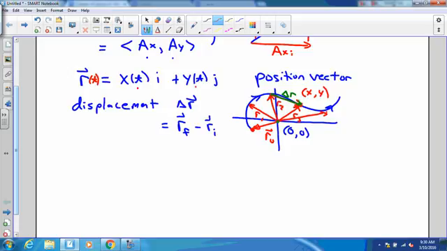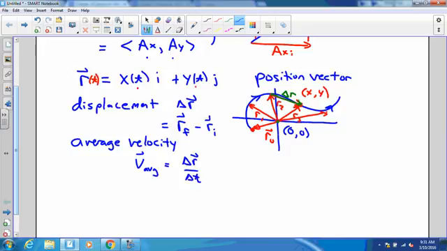If I want to leverage that displacement to give me a measure of average velocity, then my average velocity is going to be a vector that is delta r divided by delta t. I want you to notice very carefully what's happening here. We're taking a displacement vector and we are dividing it by a scalar value, delta t, the amount of time that it takes to get from initial to final.